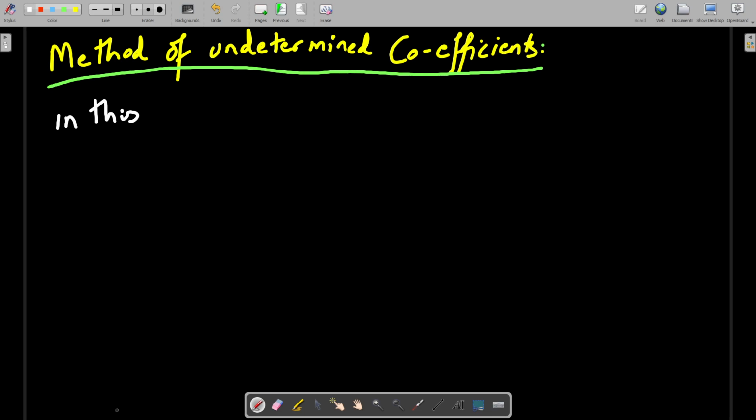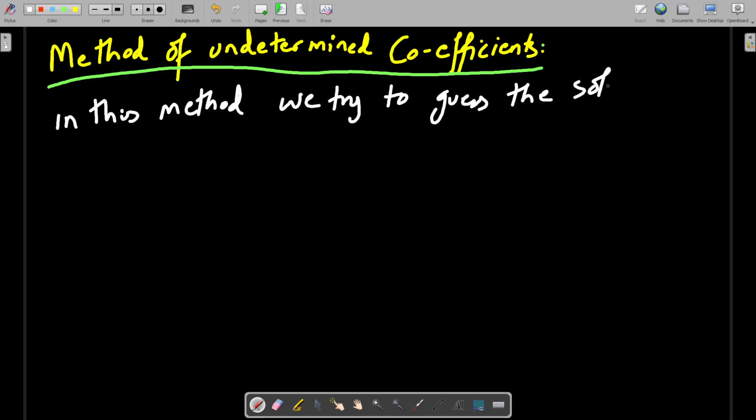Basically, there are some unknown coefficients over here which you have to find out. So basically, in this method, we try to guess the solution.